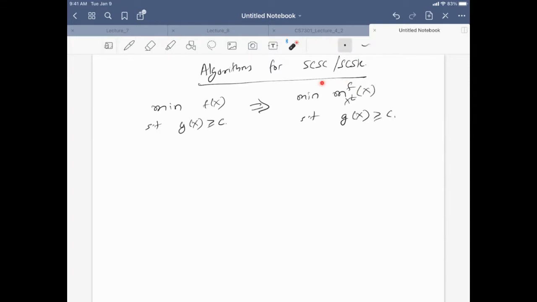Can someone tell me what problem this is? We studied this today. G is a submodular function. Does anyone remember? Max submodular cover. You're close. It's actually submodular set cover. It's not a max because we are minimizing this.